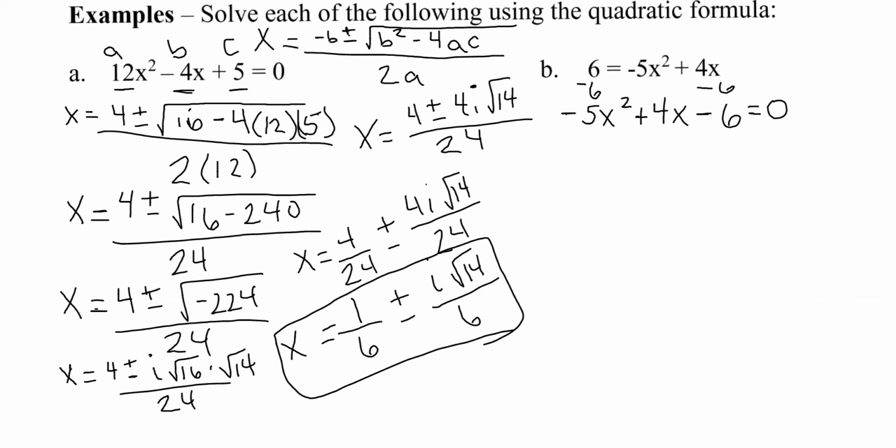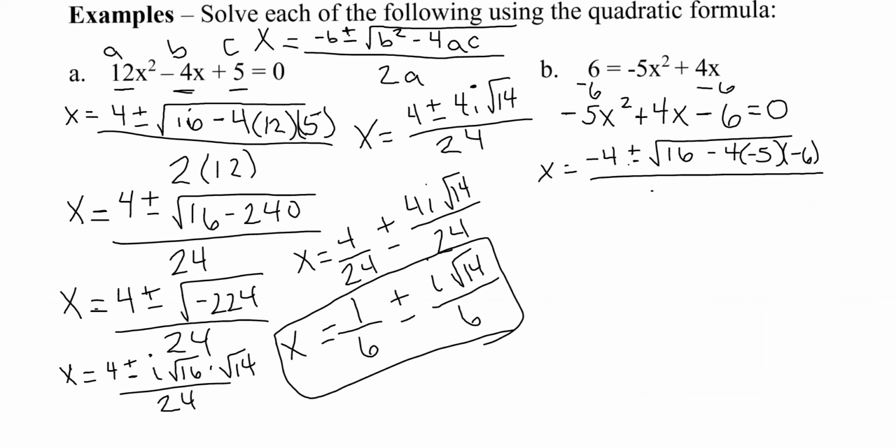And now I'm going to plug my values into my quadratic equation. So I will have the opposite of 4 is negative 4 plus or minus 4 squared is 16 minus 4 times negative 5 times negative 6 all over 2 times negative 5.